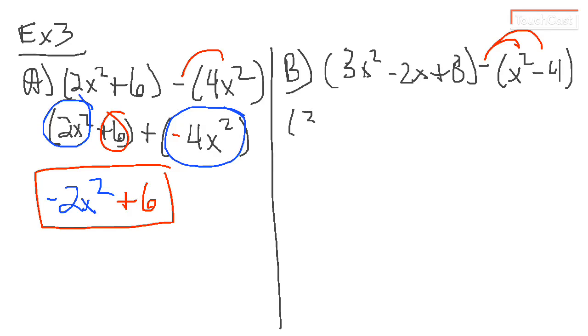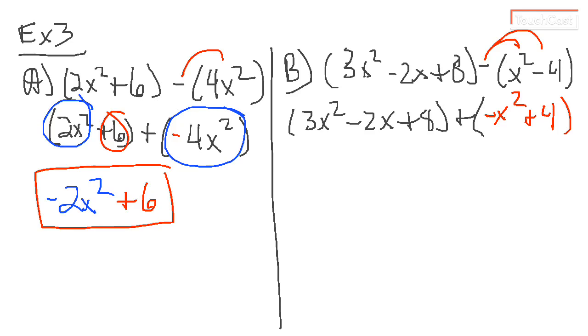We're going to have 3x squared minus 2x plus 8. We did not have to distribute anything there. We're going to change that minus to a plus, and then we're going to have a negative x squared. And if we multiply the negative times the minus 4, we're going to get a plus 4.